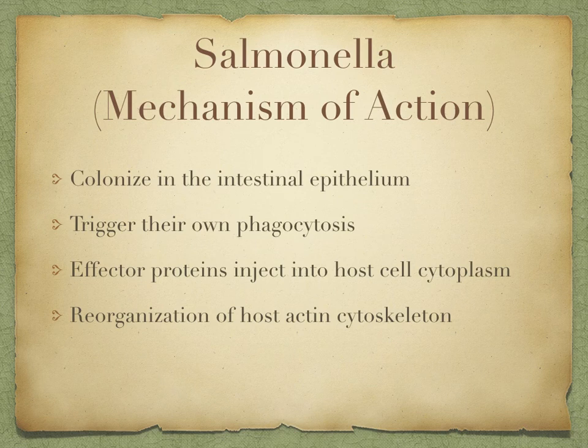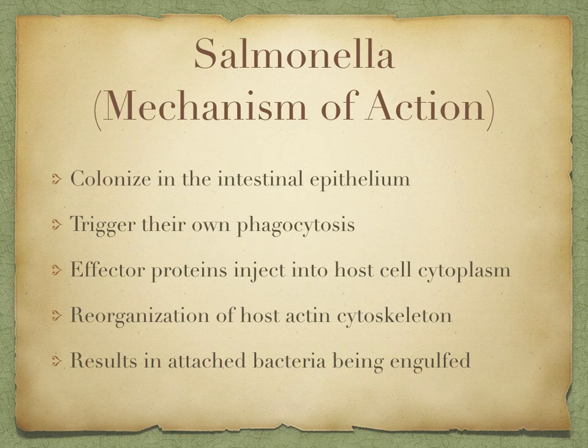So I think of it like a burglar kicking through the front door of a house and then throwing things around in the house as he's searching for the valuables, right? This kind of quick and dirty process, he's trying to get in and out. And this results in the bacteria being completely engulfed.